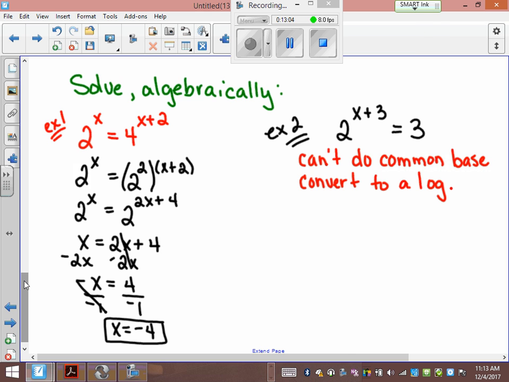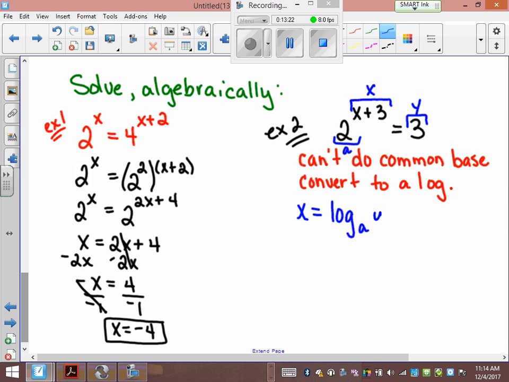So this is A. This is Y, X. I'll read what the letters are. X. And this one's Y. So we fill it into our formula. Our formula is X equals log base A of Y. So X is X plus 3 equals log base 2 of 3.